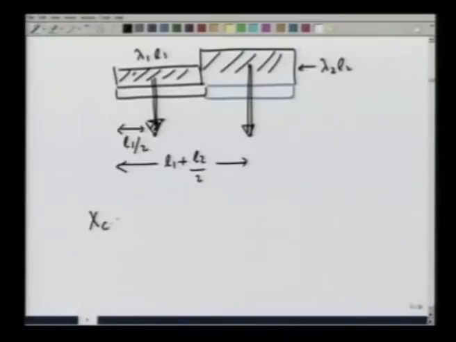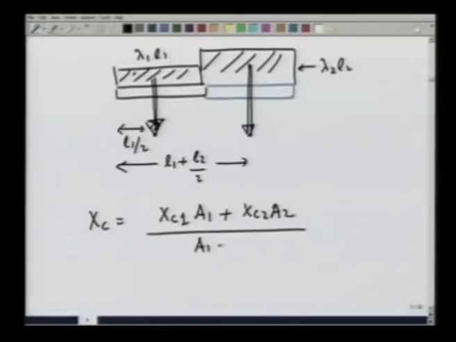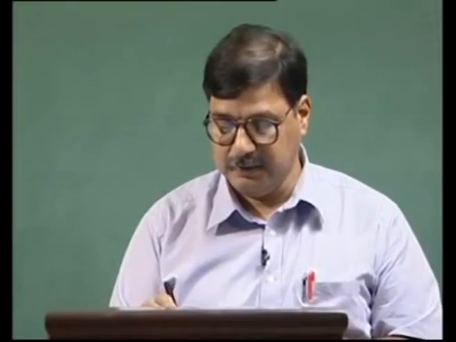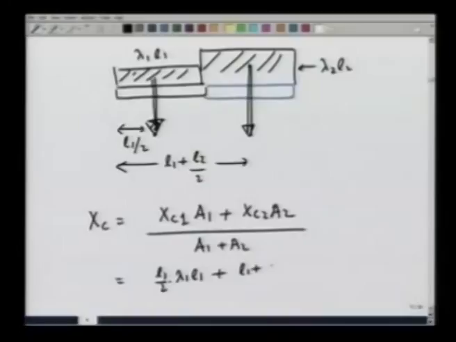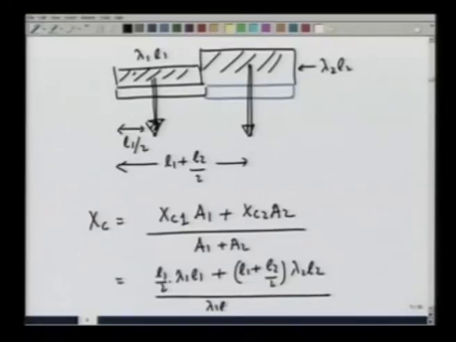So, x c is going to be x c 1, that is the first part, times area 1 plus x c 2 times area 2, divided by area 1 plus area 2, and that is going to be L1 over 2 times lambda 1 L1, g would cancel from the top and the bottom, plus x c 2, which is (L1 plus L2) divided by 2, times lambda 2 L2, over lambda 1 L1 plus lambda 2 L2.